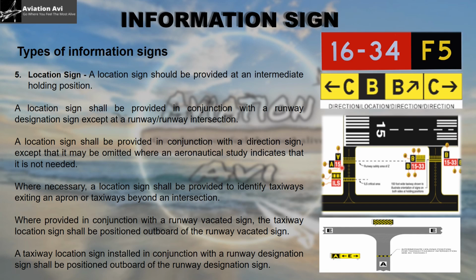When you are about to enter runway 15, the location sign designating the taxiway you are on is provided outboard to this particular sign. As you can see here, when you are on taxiway Alpha and you're about to enter runway 15, the mandatory instruction sign is present inward and the location sign is present outward.